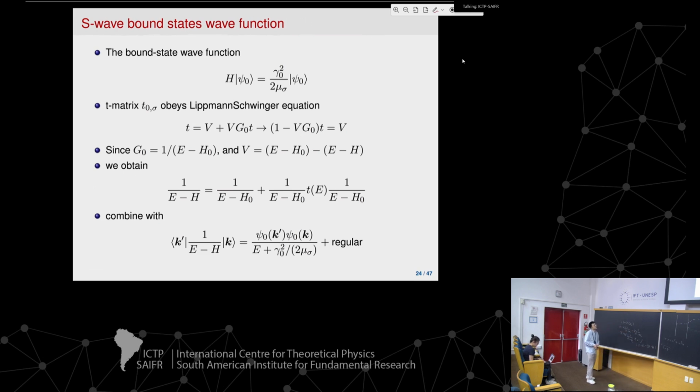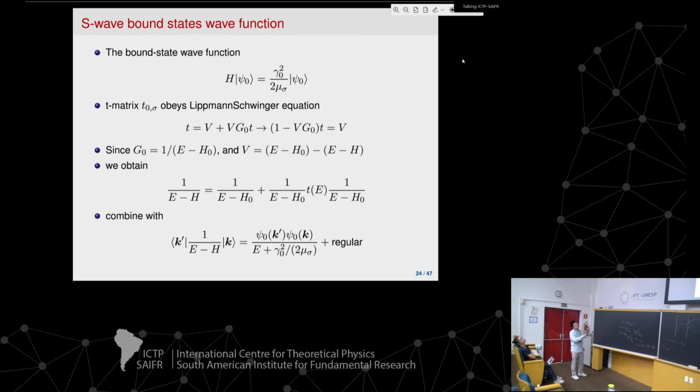I think I'll skip the details. You can basically get to the equation on this line. So basically here you just multiply by 1 over E minus H on the left, and then also by 1 over E minus H0 on the right. So then you will simplify the thing on the right-hand side. You end up with these equations.